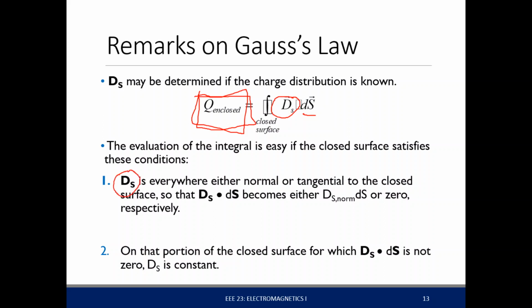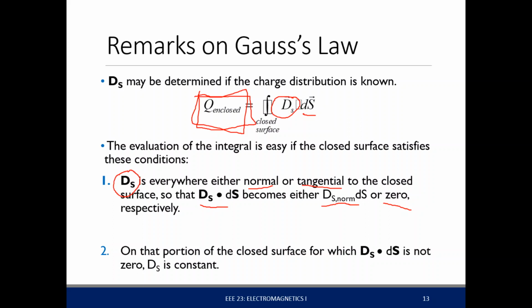D, or your flux density, is either normal or tangential to the closed surface, so that there are terms in this dot product that either become maximum or zero. Okay? So there's no angle between them. That makes integrating easier, right?